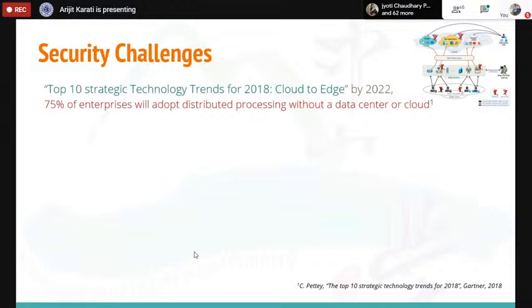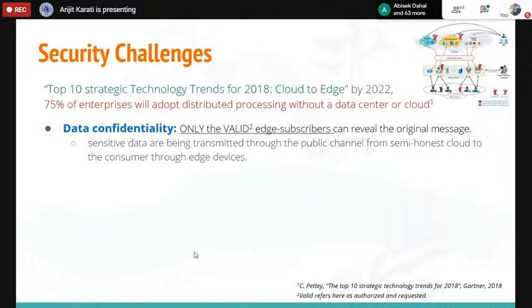So let us consider the same security model. We have seen that Gartner had already predicted in its 2018 report that 75% of enterprises will adopt distributed processing without even a data center or a cloud. So there you can use the edge computing system. What are the security challenges? Some are very fundamental.